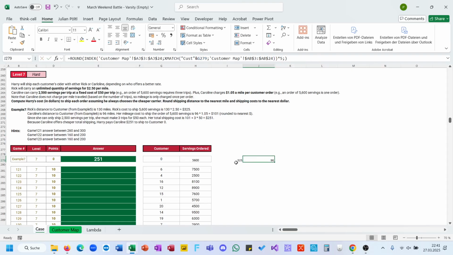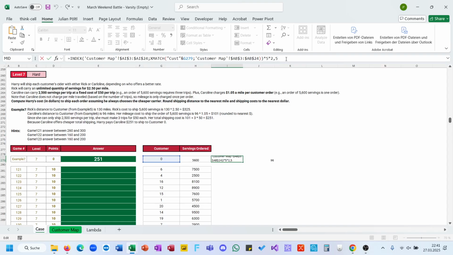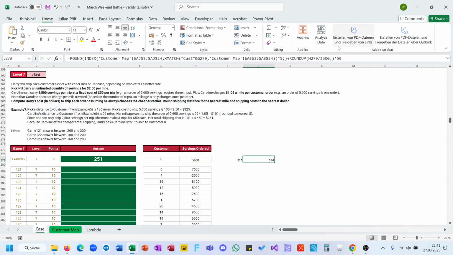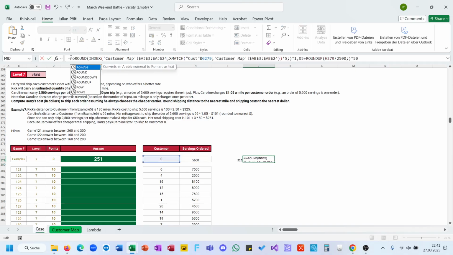Round to the nearest distance, and here it's no rounding involved, and here it's plus round up, this divided by 2,500 times 50 per trip. No, the $5 missing. The question is why? 1.05. And now round it to the nearest dollar.